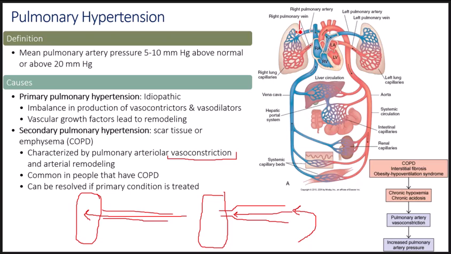That increases pressure. An increase in pressure here is pulmonary hypertension, high blood pressure within the pulmonary artery. And as we'll see soon, this right ventricle now is going to have to work that much harder just to push blood through that resistance. And that, you may recall, means that now we have an increase in afterload, the resistance that that right ventricle has to overcome to push blood to its destination.